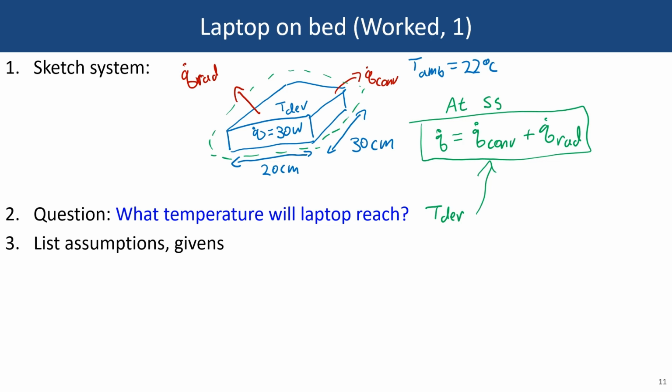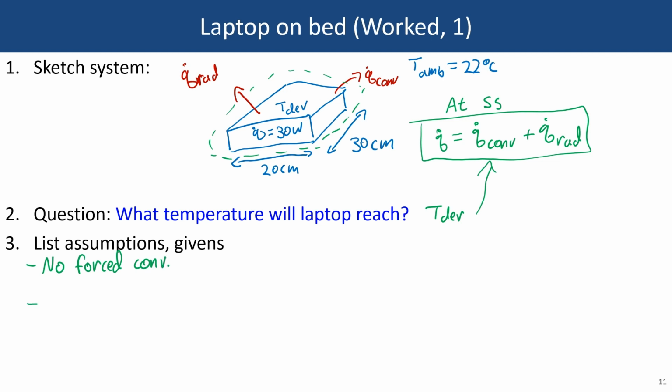So next, let's list the assumptions and any other pieces of information we're going to need to use about this system. Just to clarify, we've got no forced convection, only free convection or natural convection.